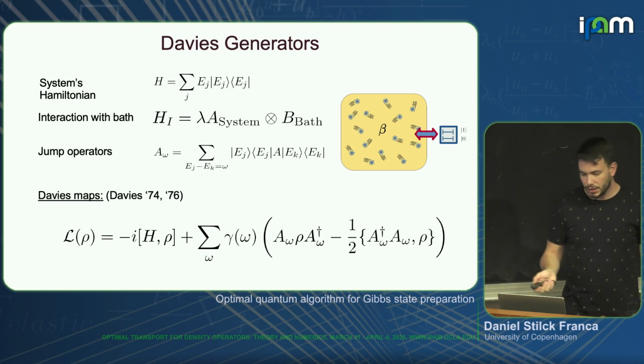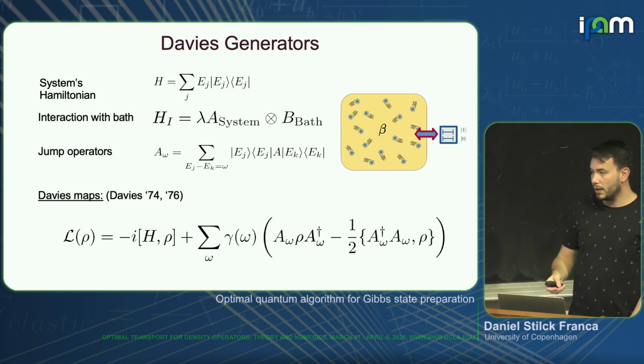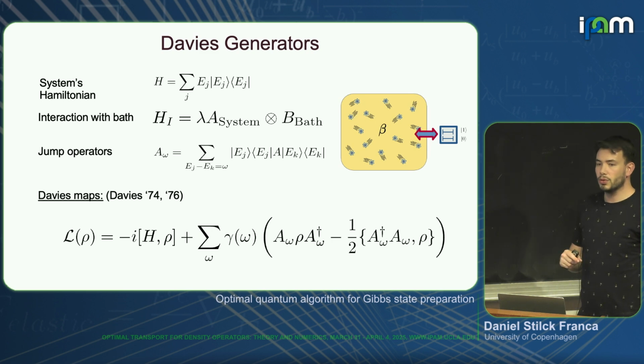So the most standard way of modeling how a quantum system thermalizes is through the so-called Davies generators, all right?